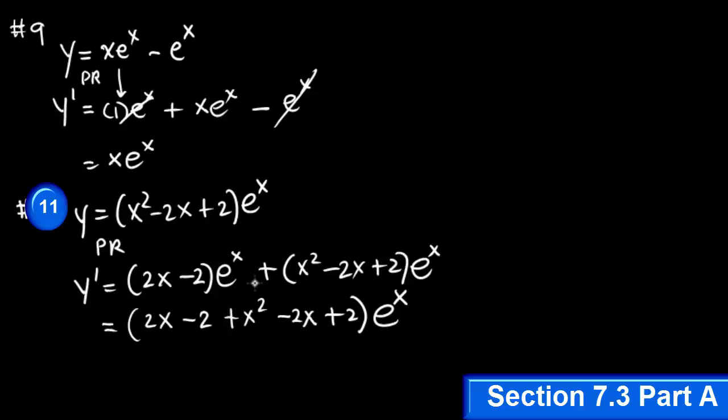Okay, and do you see what we can cancel out? Cancel that out. What else? Right there. So what is left is just x squared e to the x. There you go. That's dy by dx.